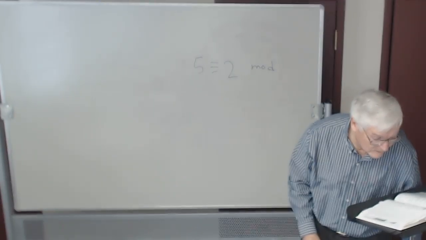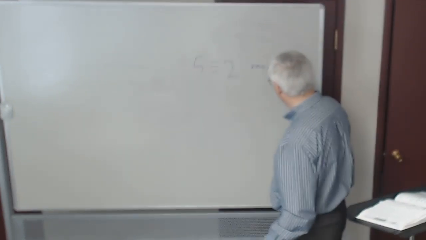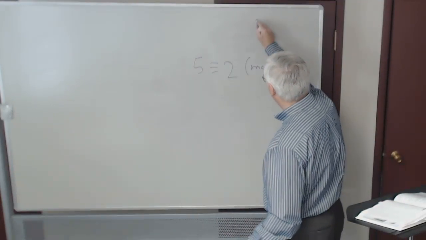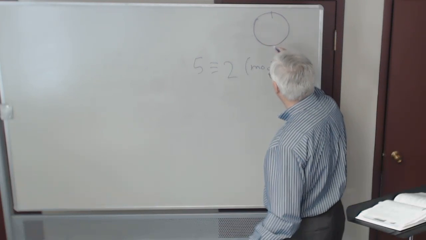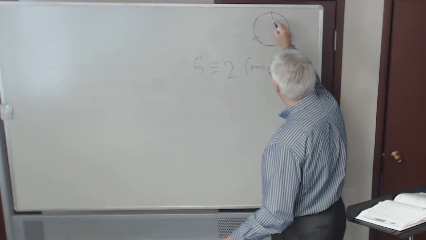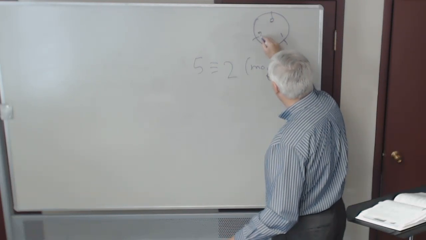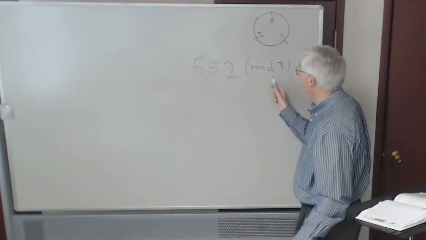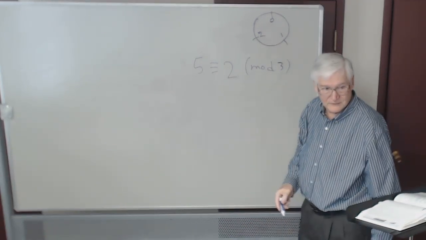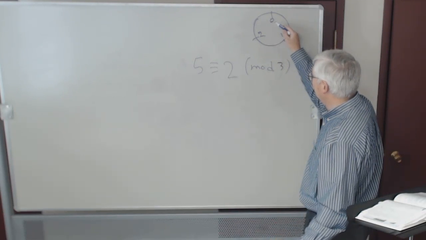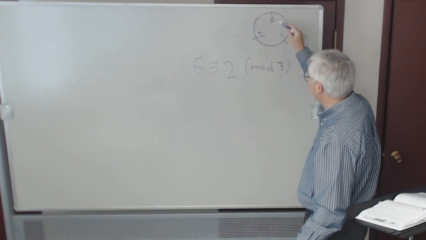What's modulo mean? 3. Here's what modulo 3 looks like: 0, 1, 2. Modulo 3 means it has 3 parts around the circle, and it doesn't start like a clock with 12. It starts with 0, 1, and 2.